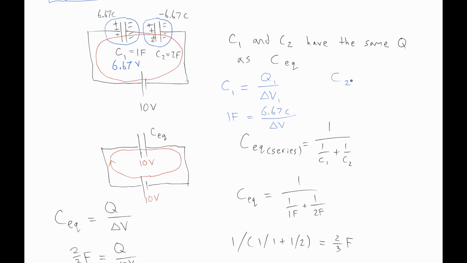Then you do C2 equals Q2 over delta V2. Plug in 2 farads, 6.67 coulombs. So delta V2 is going to be 3.33 volts.